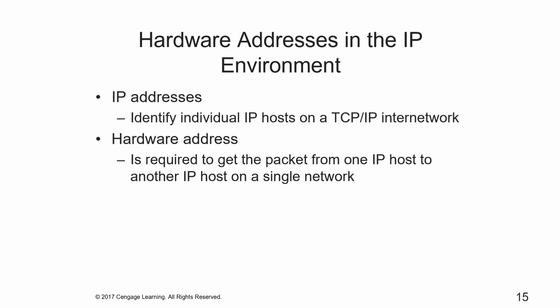Now we're going to talk about hardware addresses in the IP environment. Recall that switches and bridges operate at this level and freely pass ARP, Address Resolution Protocol, and RARP, Reverse Address Resolution Protocol, broadcasts while routers block them.